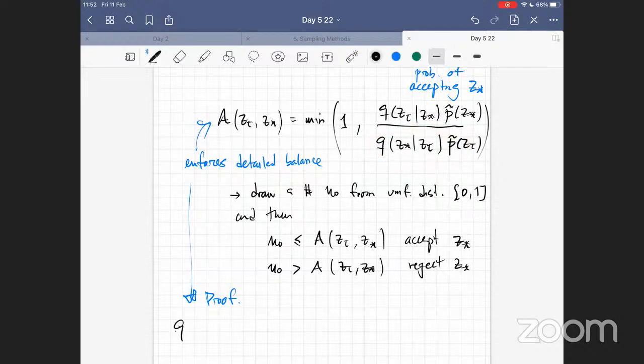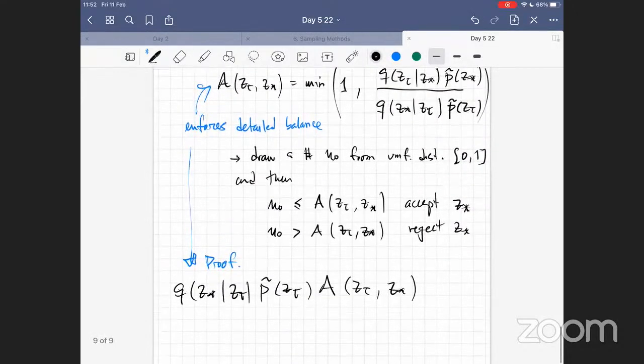So if I do this, then I get the set of Q of Z star given Z tau times P of Z tau times A, Z tau going to Z star.